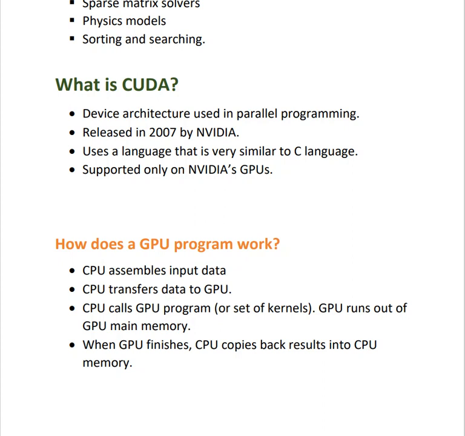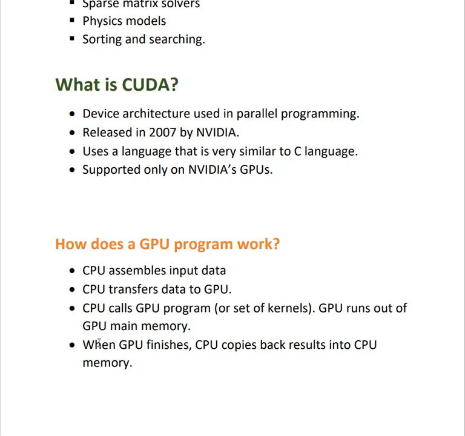CUDA gives us a way to efficiently process thousands of elements for a particular task in parallel. For example, when we simply write a program for one data element, it gets automatically distributed across the thousands of cores and threads found in these GPUs.